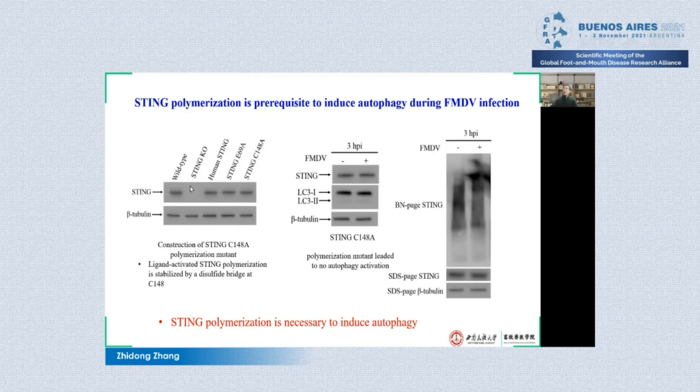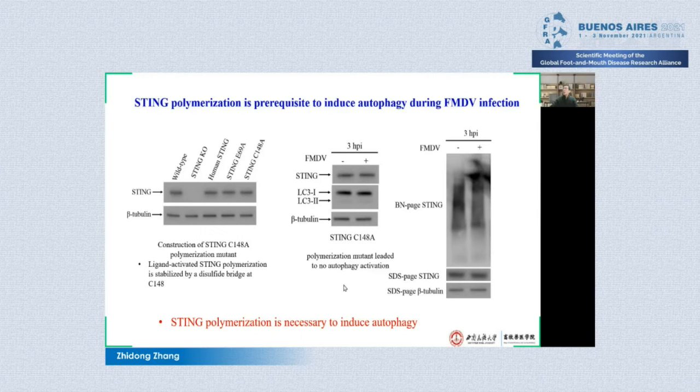Here we successfully engineered cells expressing STING C148 mutants, and then we infected these cells with FMD. You can see the uninfected cells and the infected cells show no difference, because no autophagy was observed in these two cell groups.